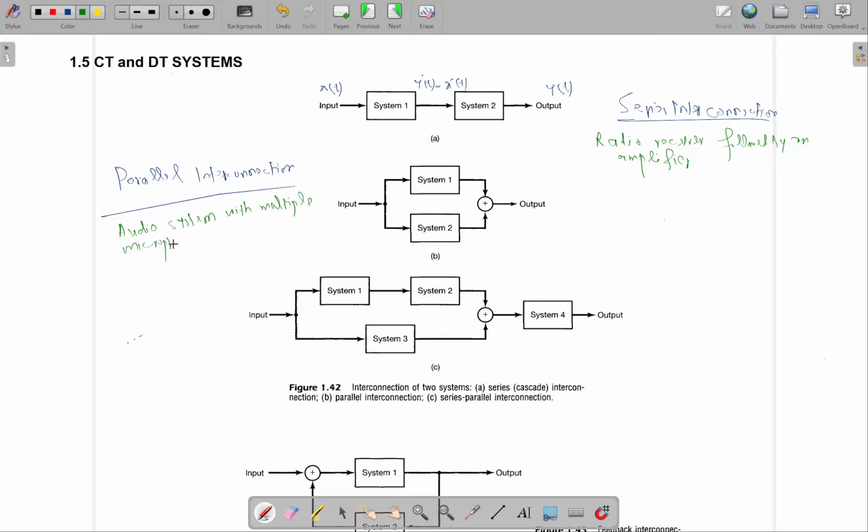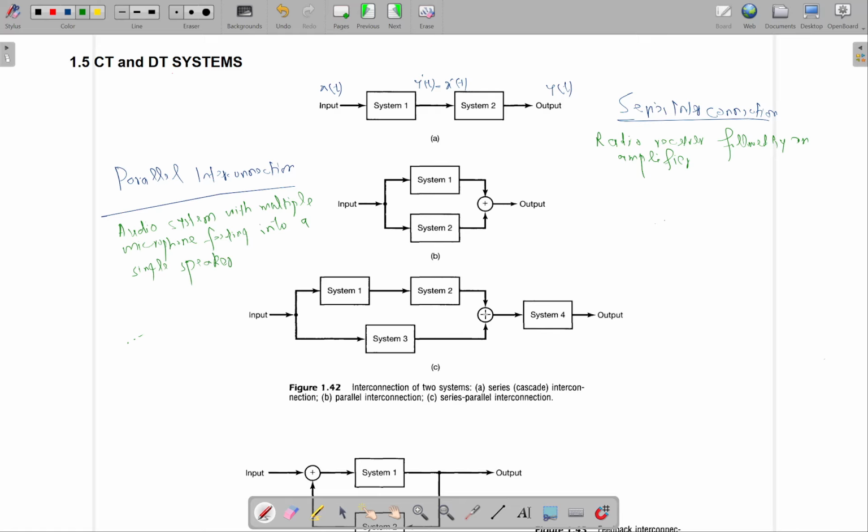So you can speak into each microphone at the same time and it feeds into a single amplifier or speaker. So this is an example of a parallel interconnection.